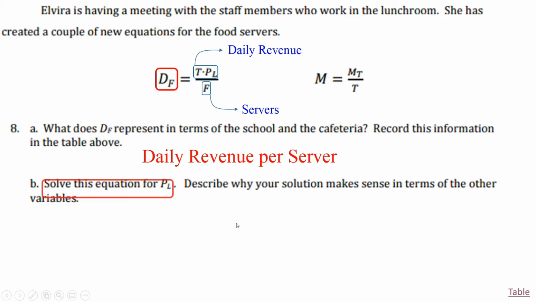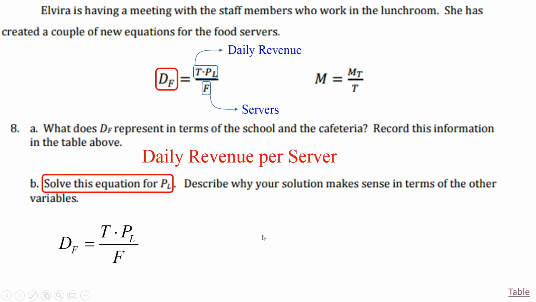So here we go. If I'm going to solve for price per lunch, do you notice that the price per lunch is being multiplied by T and then divided by F, which is like multiplying by the fraction T over F? And to undo multiplication by a fraction, we simply multiply by the reciprocal of that fraction.